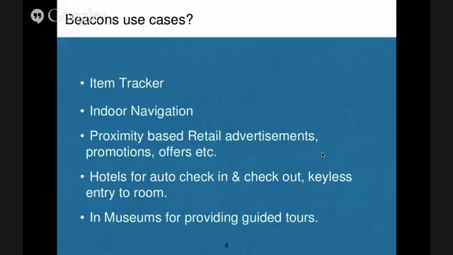After item trackers, indoor navigation was the biggest use case focused on with BLE's introduction. There are several examples where people have actually integrated indoor navigation. The main reason BLE was considered for indoor navigation is that we all use GPS, but GPS signals get very weak indoors.